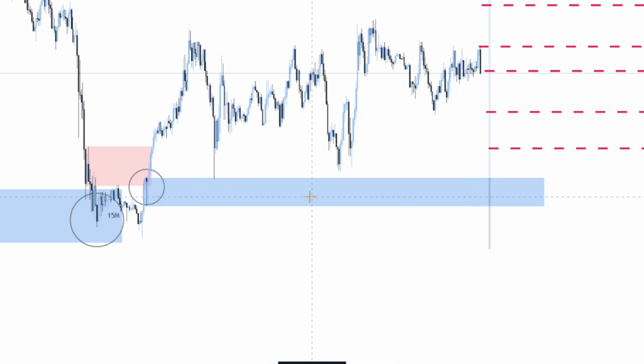But what sticks with me is liquidity, right? Because the whole idea of my previous entry model that I described to you guys is liquidity wasn't identified and swept, so it sweeps the midpoint.